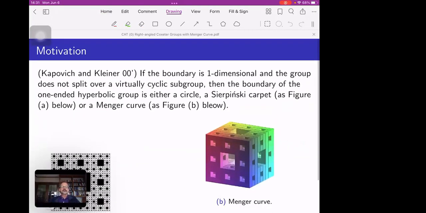Before I talk about my result, I would like to introduce the motivation.